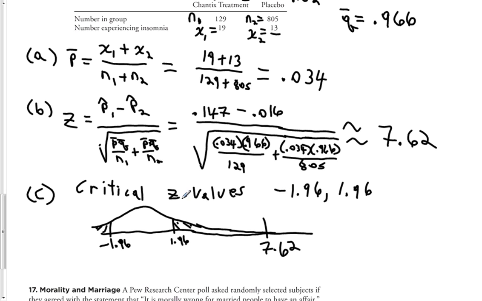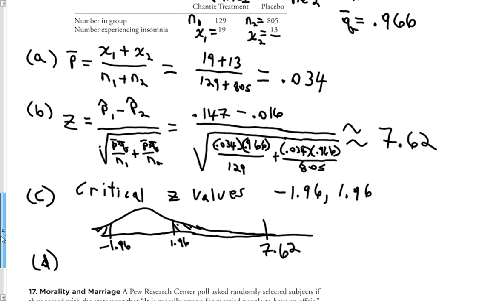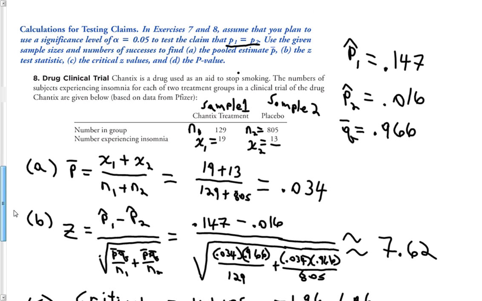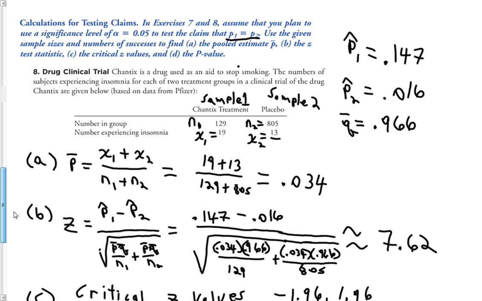Now, the p-value method is going to give us the same conclusion. So let's look at D. Remember, they're asking us to calculate all these things, but they're actually two different methods. If you're finding critical values, you're not necessarily going to find a p-value, and if you're finding p-values, you're not going to find a critical value, because the critical values are from the traditional method and the p-value is from the p-value method. So let's go ahead and find the p-value here.